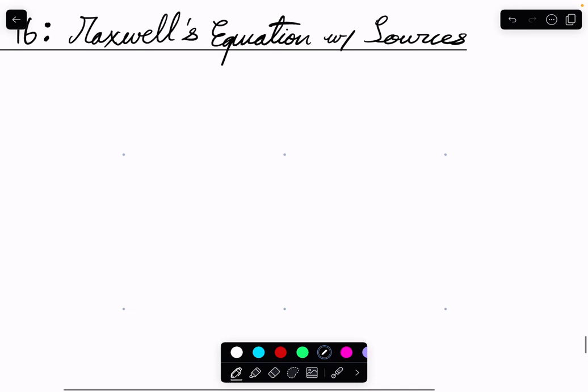So just recall that you have the vacuum version of the equation, which is just the gradient of f is 0.